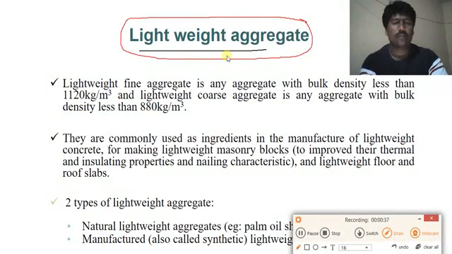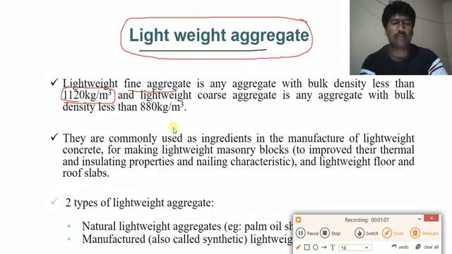Aggregate can be fine aggregate or coarse aggregate, right? Lightweight fine aggregate has a bulk density less than 1120 kg per meter cube. This is the density of lightweight fine aggregates.